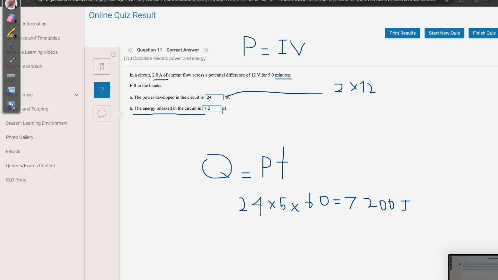But they want it in kilojoules. Do not make a mistake in this, because it will be a silly mistake and you won't be proud of it. So all you need to do now is divide by 1,000 to convert from joules to kilojoules. So you get 7.2.